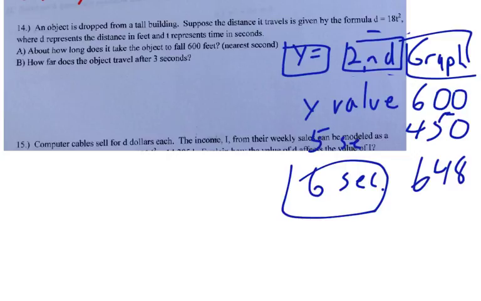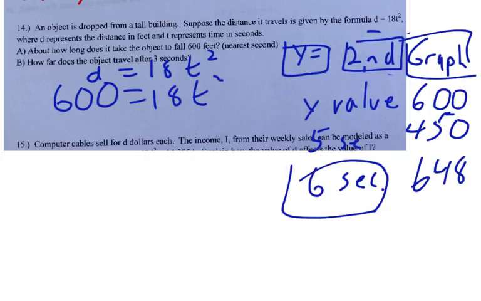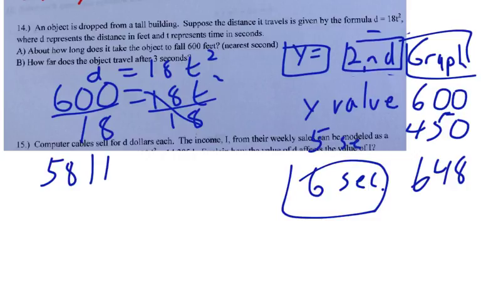Another way to do that, you could plug in your distance of 600, because d equals your distance, so again I could just plug in d equals 18t squared. D's our distance, which is 600, 18t squared, and I'm just solving for t, so another way to do this is just to use inverse operations. And I got about 5,811 for t squared. And then how do I solve for t, which is our time?